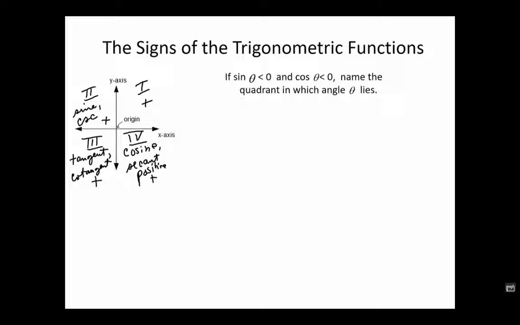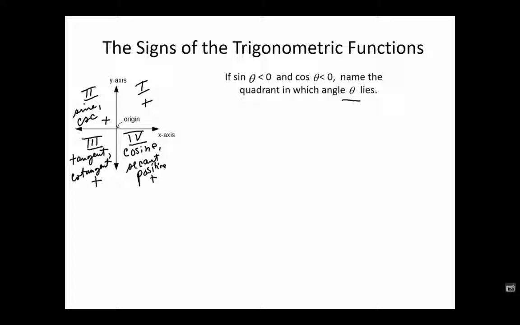All right, knowing that, let's look at an example. You might be given an example of this sort. If the sine of theta is less than 0 and the cosine of theta is less than 0, name the quadrant in which angle theta lies. Let's analyze what's going on.